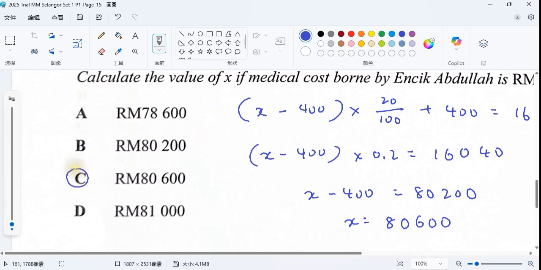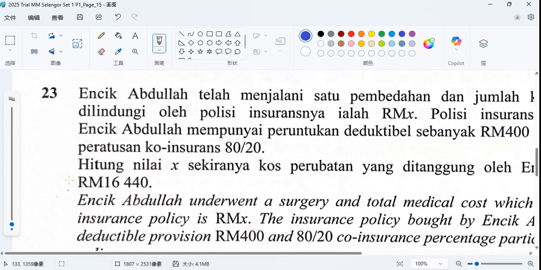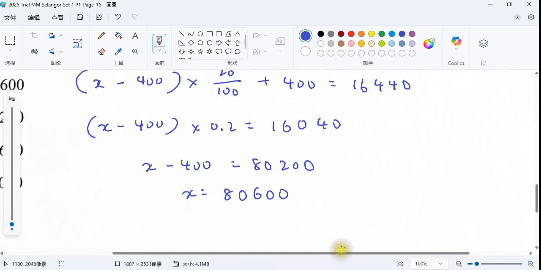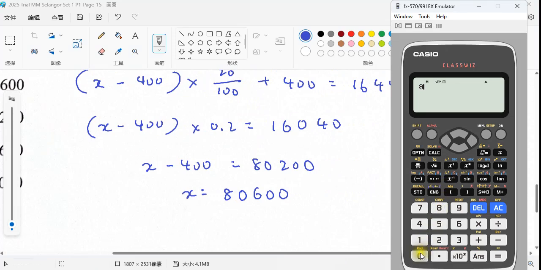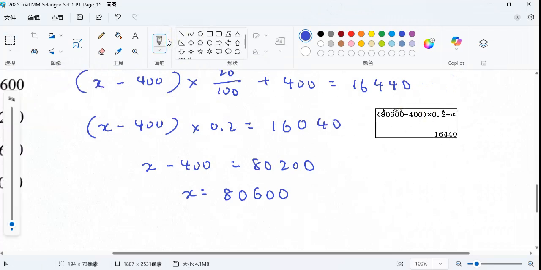Okay, C. Yes, correct. So this one is from Form 4 chapter 3, insurance. So if you want to check the answer, this is the value of the medical cost minus the deductible, multiplied with 20%, plus the 400, so it will be the cost borne by this policyholder. Yes, correct.